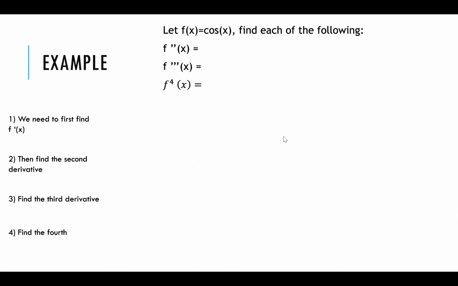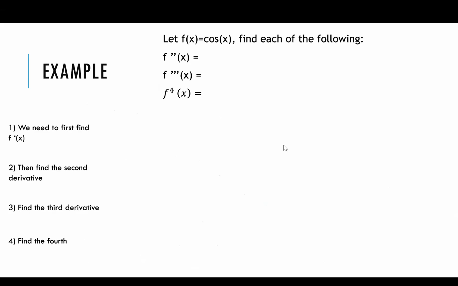This next example, we have f of x is equal to cosine x, and we need to find the second derivative, the third derivative, and the fourth derivative. Okay, just for notation, in case you guys are unfamiliar with this, each apostrophe adds a derivative, right? So if we have 2 apostrophes, that means the second derivative. If we have 3 apostrophes, that means the third derivative.